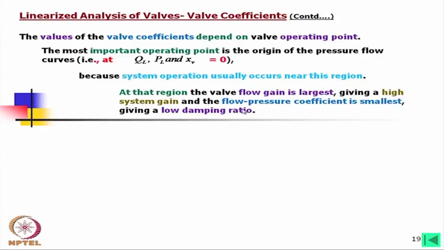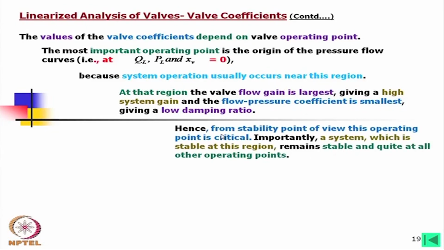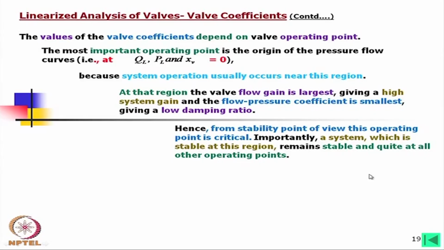We need a high damping ratio actually, but at that zone it will be low. Hence, from the stability point of view, this operating point is critical. Importantly, a system which is stable at that region remains stable at all other operating points. So, if we analyze a valve for that region and find that performance is good, we can consider that at the other points, for larger flow in the same direction, right direction or left direction, it will be stable.